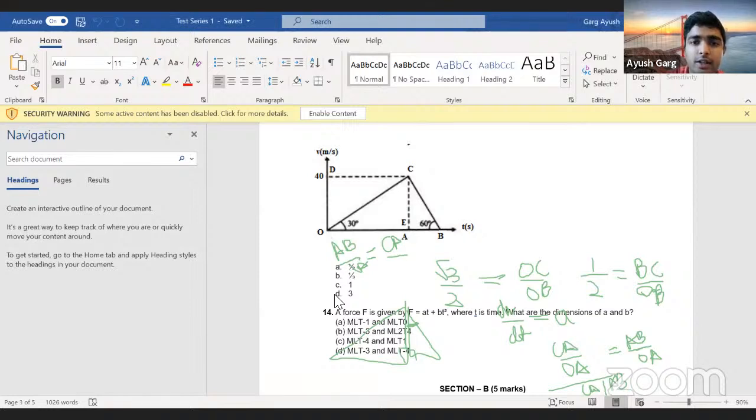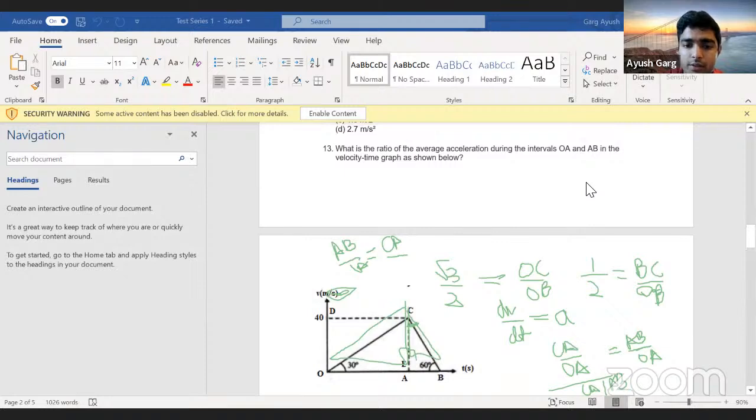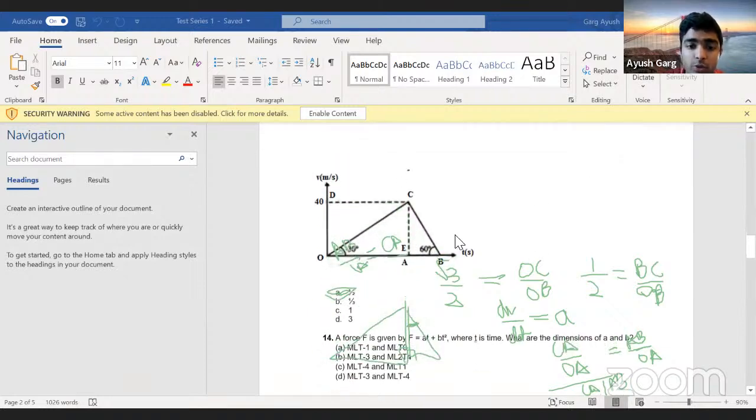Anyways, I'll just tell you the answer. Your ratio of acceleration during the intervals OA and AB is going to be 1/3.